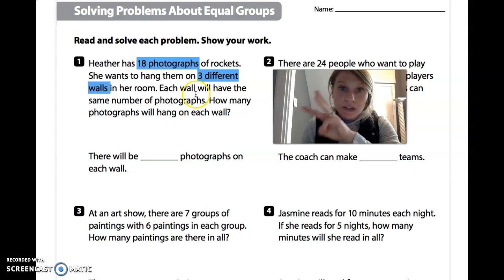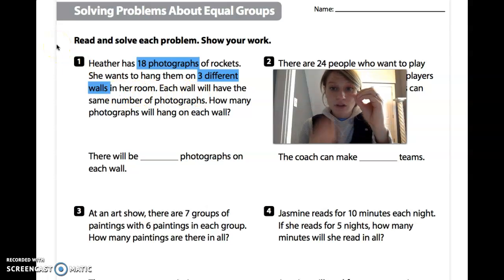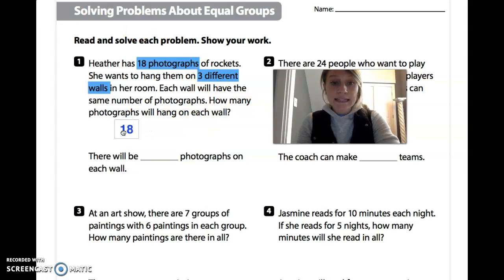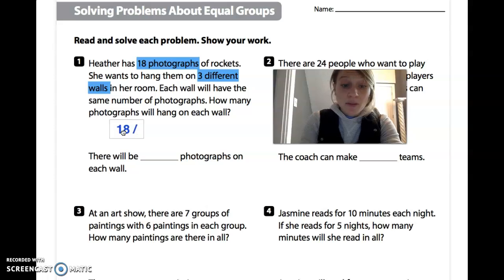So if I have 3 different walls, if you want to draw a picture here, you can. You can make 3 different groups, 1, 2, 3, and put enough in each. Now I'm going to show you how to do it without drawing a picture by thinking about division. So I'm going to start with 18. 18 divided by 3 different groups equals.